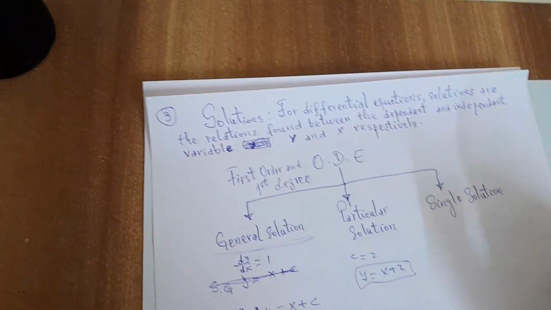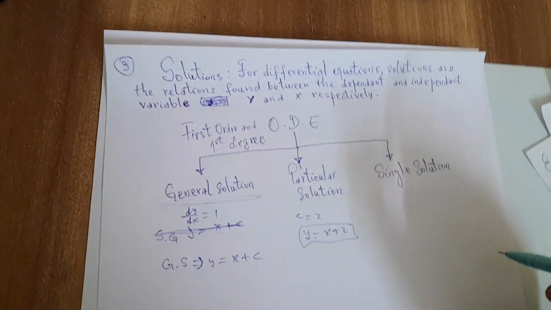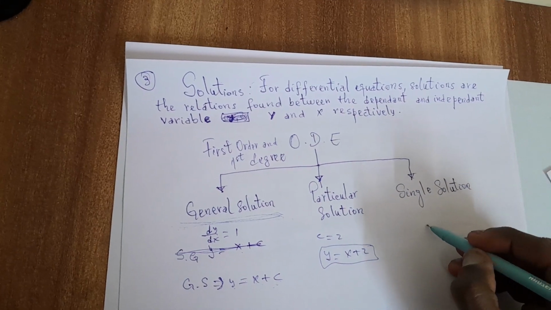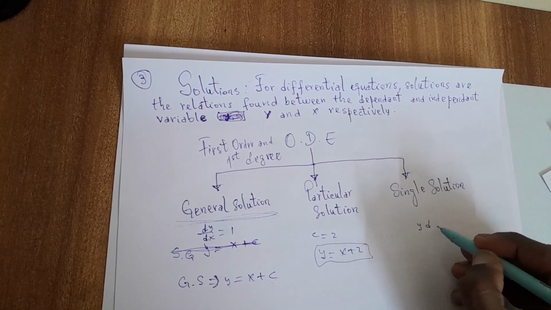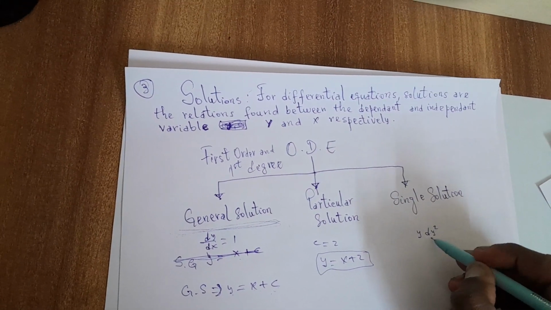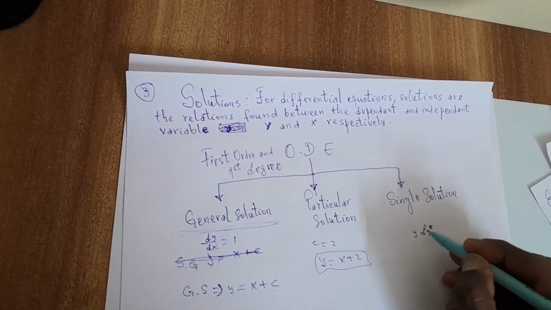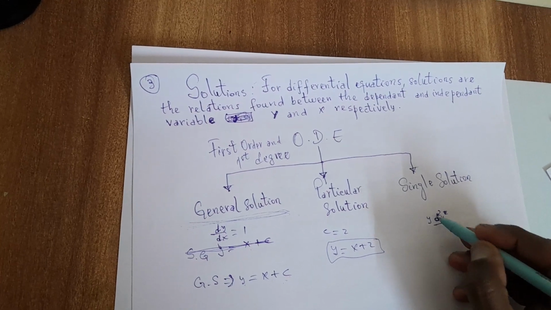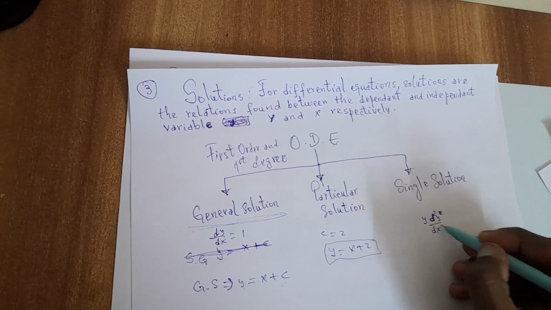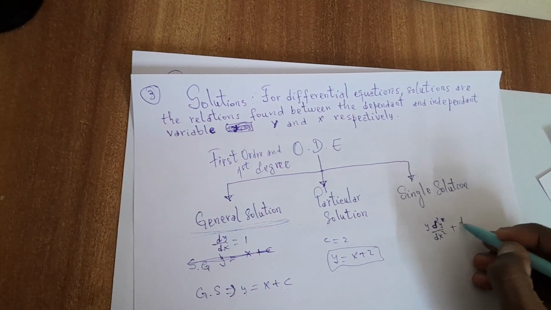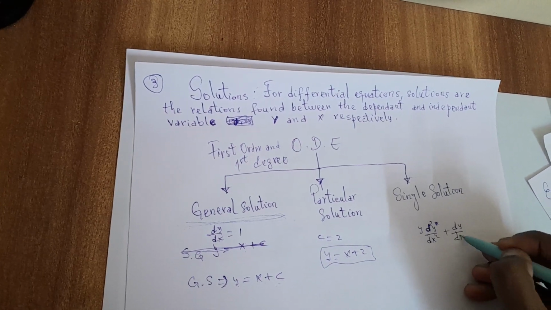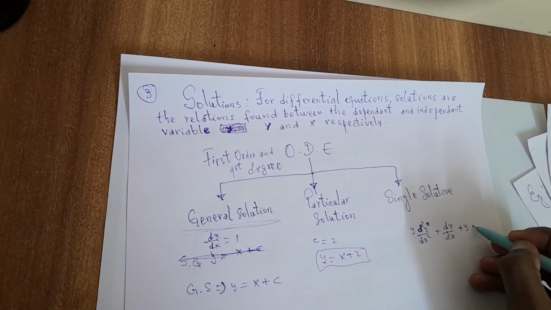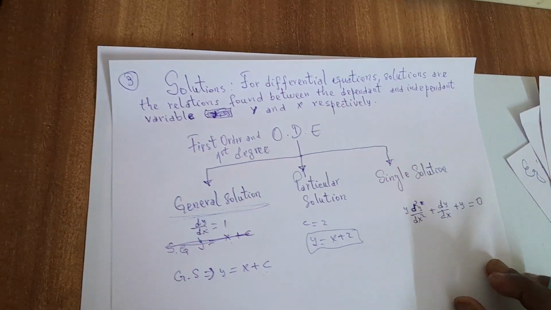And sometimes we also have single solutions, okay? Suppose we have an expression like this: d squared y upon dx squared, plus dy upon dx, plus y, equal to 0.